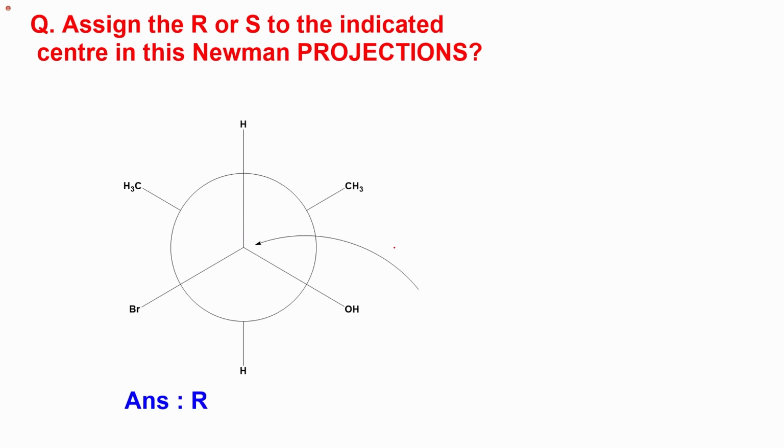This carbon center. Let's say this hydrogen and this hydrogen are in opposite directions. Now hydrogen is done. Now OH is here and Br is here. Now CH3 and CH3 are both the same, so one hydrogen is common.